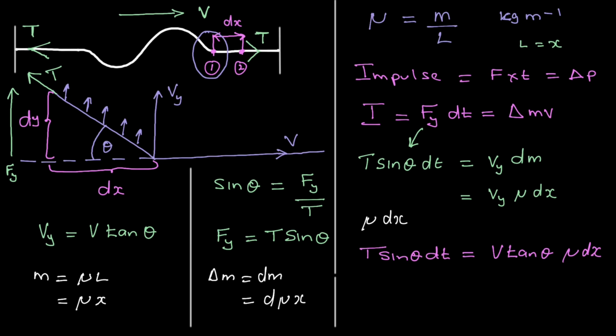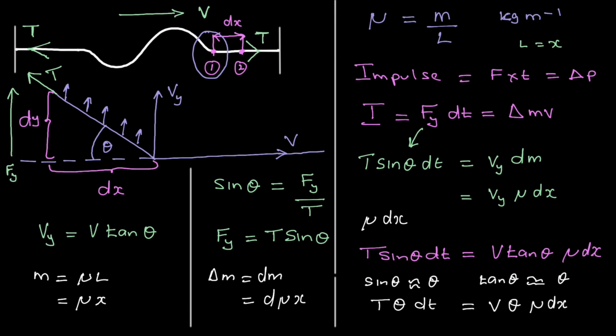But for a small angle, sine theta is approximately equal to theta, and tan theta is approximately equal to theta, so I have T theta dt equals v theta mu dx.